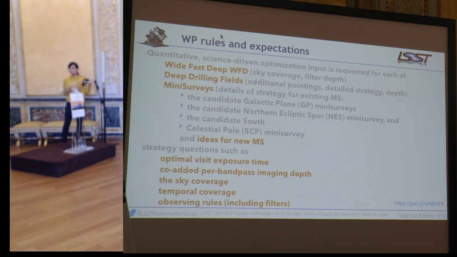So the optimal visit exposure time is also under discussion. Generally, all surveys until now have been simulated with 2 30-second snap exposures that form a visit. There are constraints on the exposure time because of the total depth that the survey has to achieve in order to accomplish the 4 goals. But it doesn't have to be taken in 2 15-second snaps.